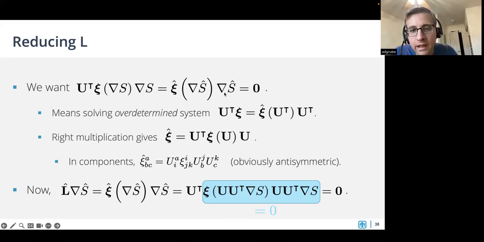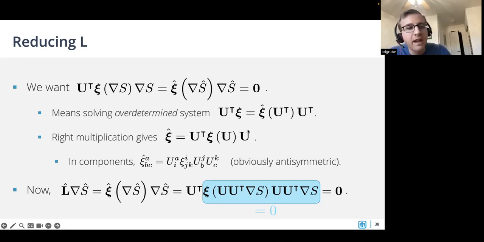Remember, grad S hat has a factor of U transpose that grad S does not. So I have to solve this overdetermined system, which is U transpose times the tensor I had, should be the tensor I want contracted against 2 copies of U transpose. So I can just multiply everything by U twice, and I end up with this.